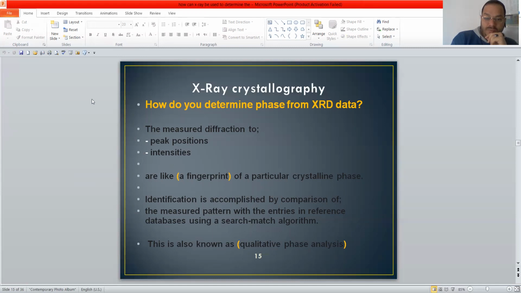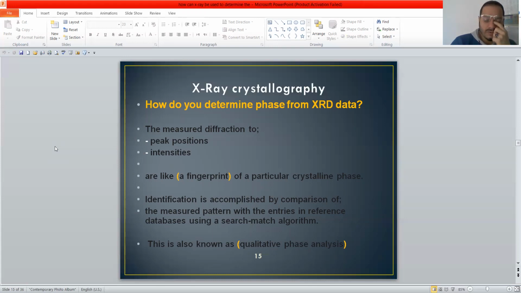Identification is accomplished by a comparison of the measured pattern with the entries in the reference database, using a search match algorithm.